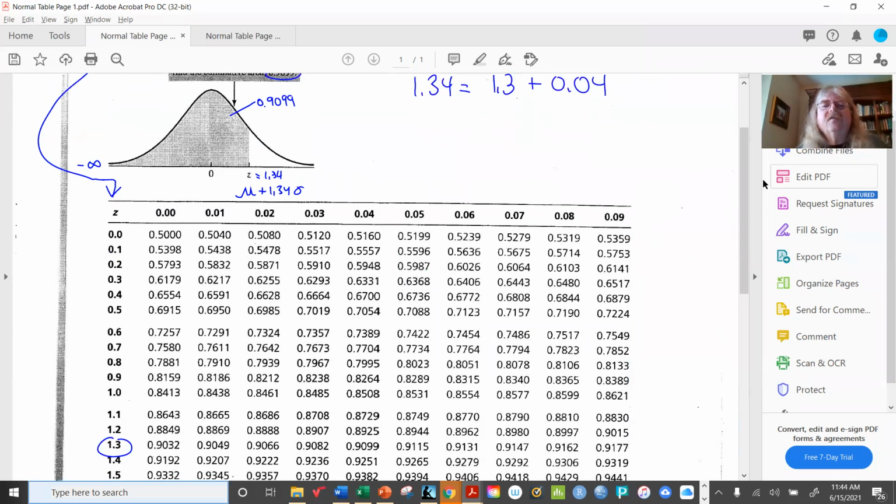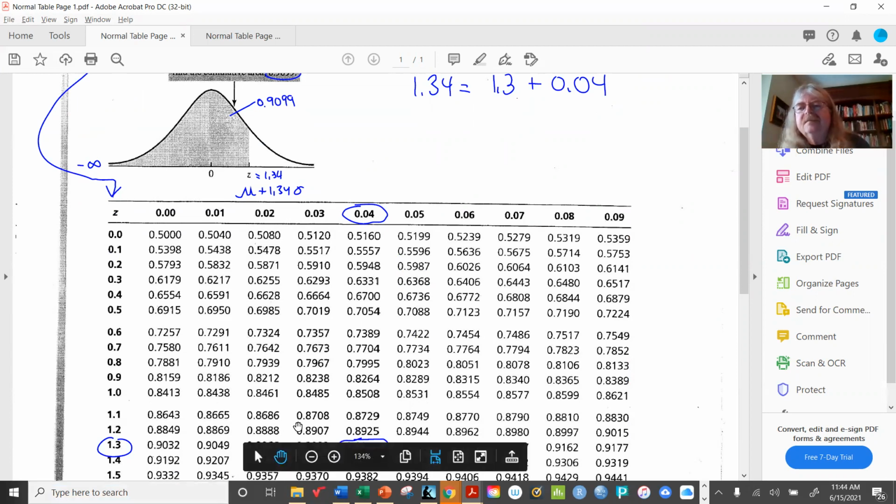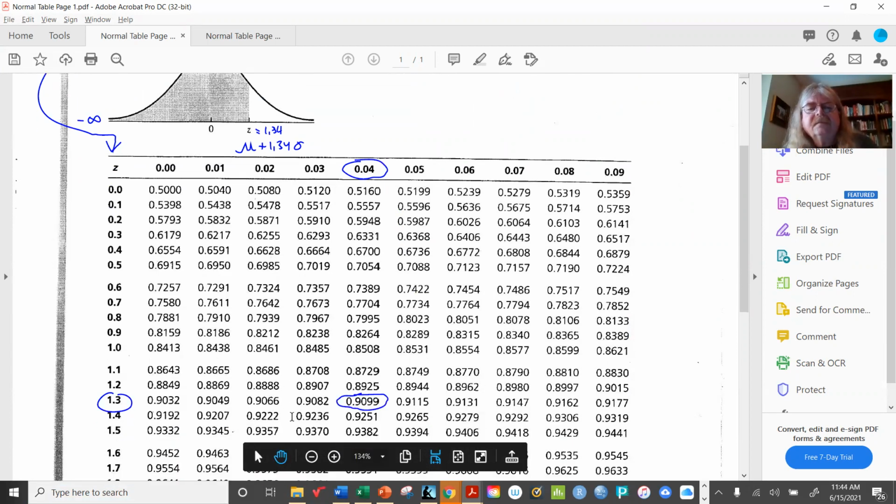What about this 0.04? Oh, it comes from the top. So now what we need is the intersection of these two. This row and this column intersect at 0.9099. And that's where they got that information from. That's how it was done.